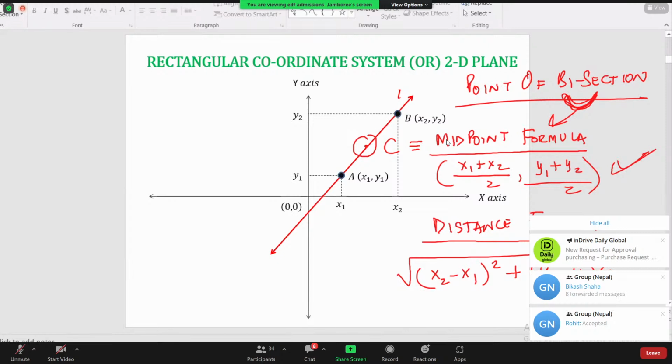This is the basic ground level you need to remember: the length of the line segment AB, or the distance between the 2 points A and B, as well as finding the coordinates of the midpoint. Note down the idea, note down the formulas, and then we'll move on.